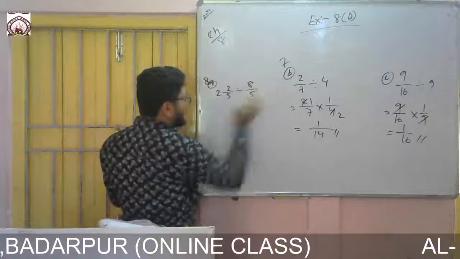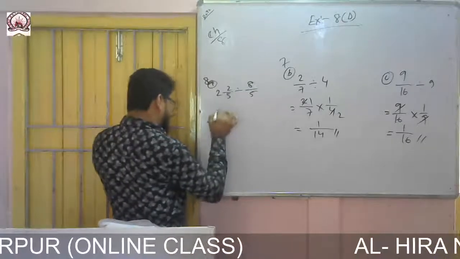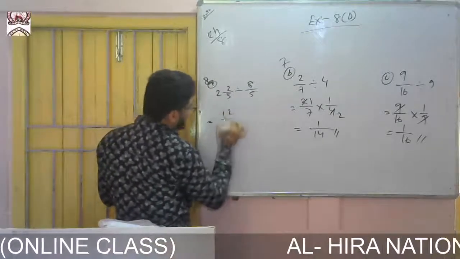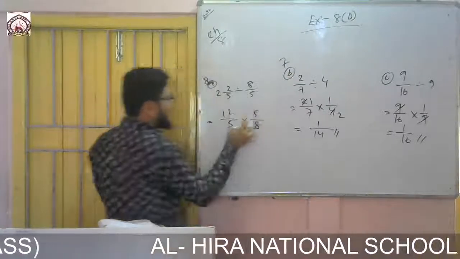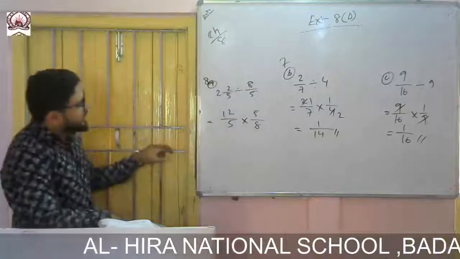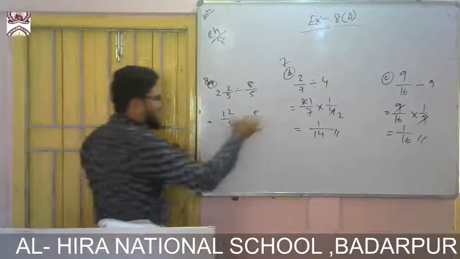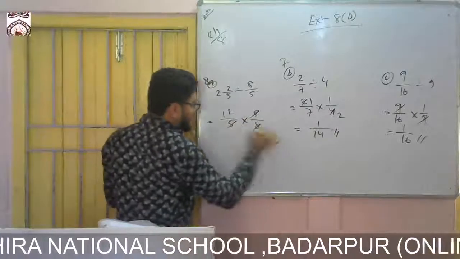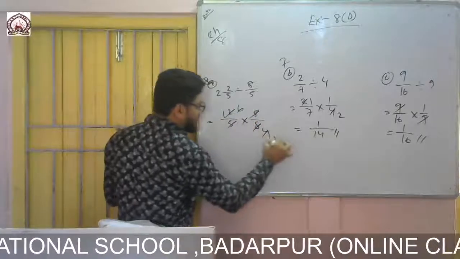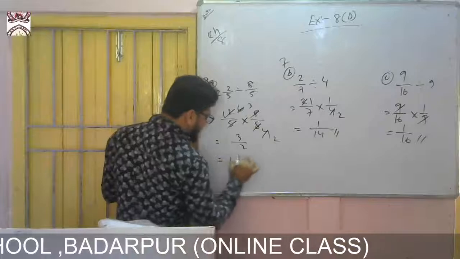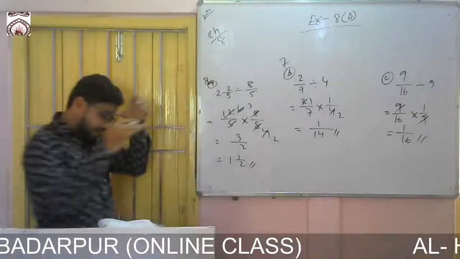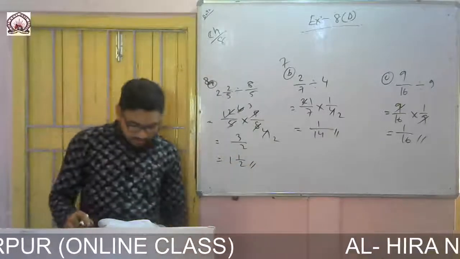So 2 5s are 10 and 2 is 12, 12 by 5 into 5 by 8. I just interchanged this, into 5 by 8. So now 5 5 cancel. 4 2s are 8, 6 2s are 12. Again 2 2s are 4, 2 3s are 6. So 3 by 2. That is 1 1 by 2, if I take it into a mixed fraction.